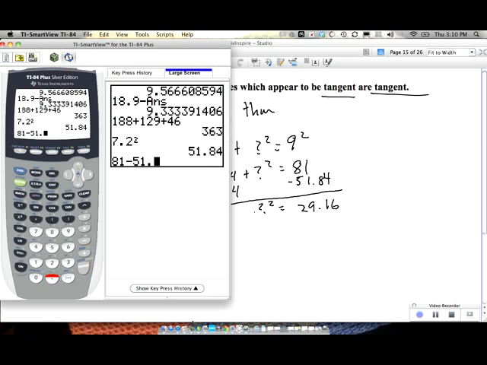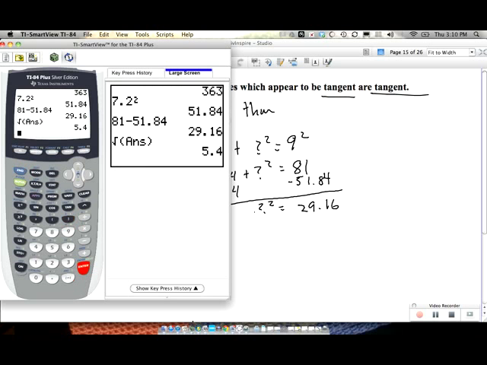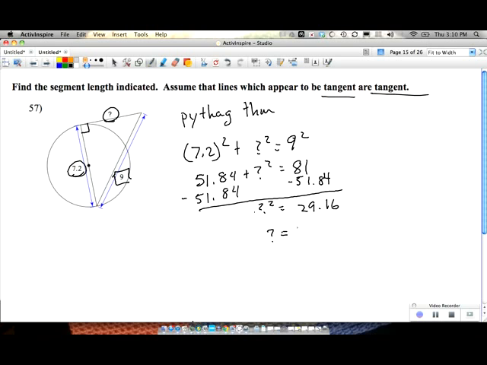Now I have to square root that. So let's go to second, and then the squared, that's my square root. And then the negative sign, and that's going to give us our answer, 5.4. So the question mark equals 5.4. Exactly. That was pretty awesome. It was decimals, but it still came out very evenly.